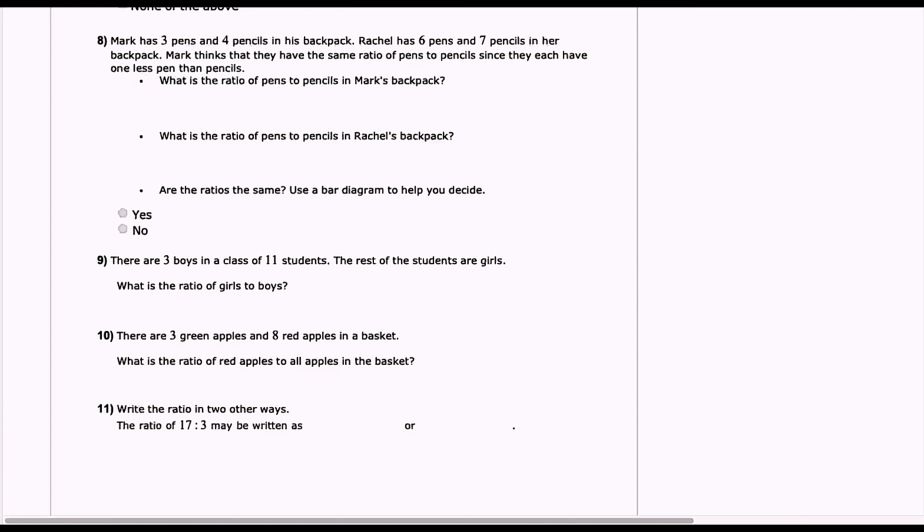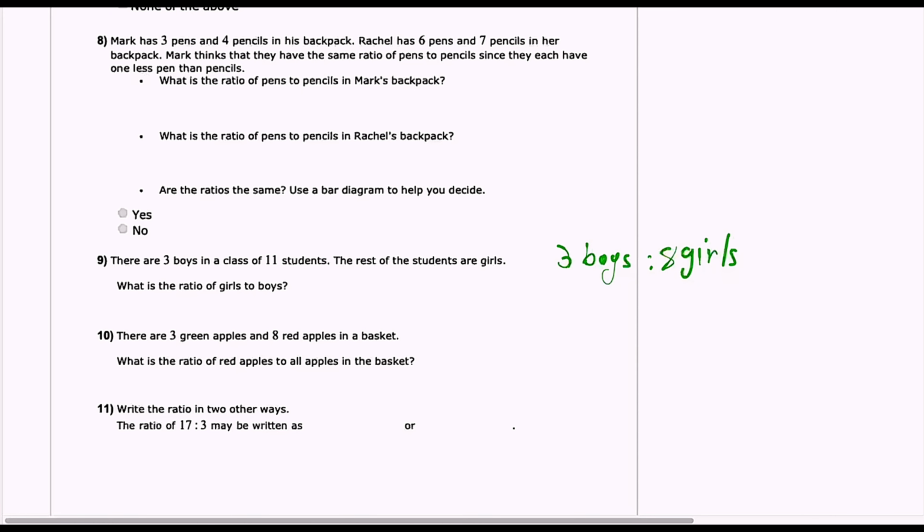That means we have 3 boys, and how many girls? If the total number of students is 11 and 3 of them are boys, how many girls do we have? You need to subtract the number of boys from the total number of students. Then we have 8 girls.